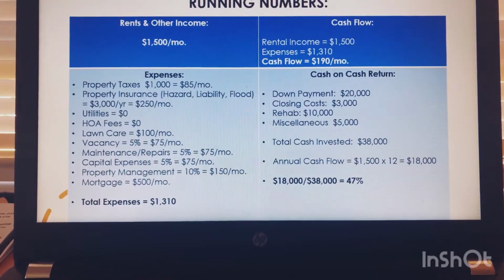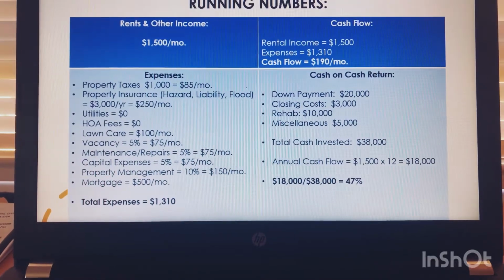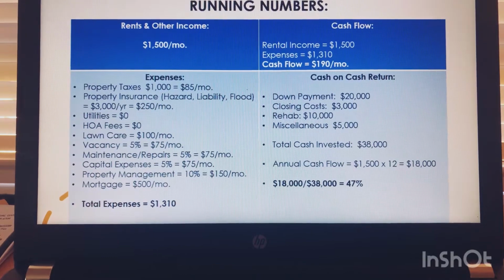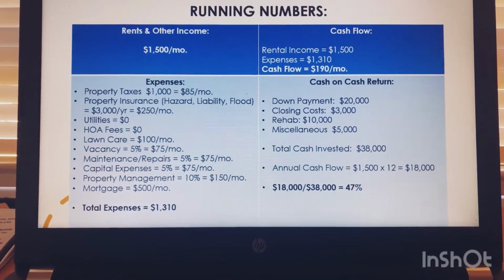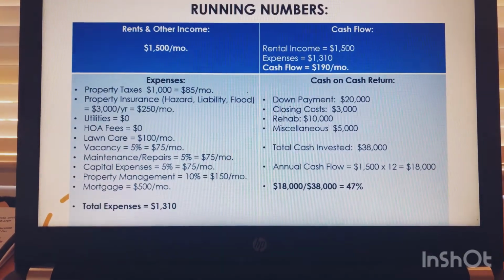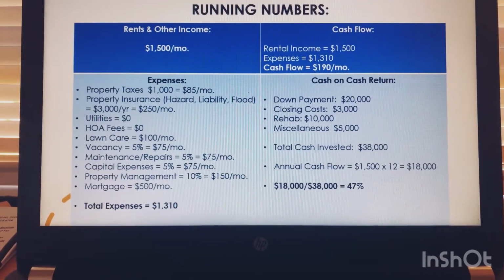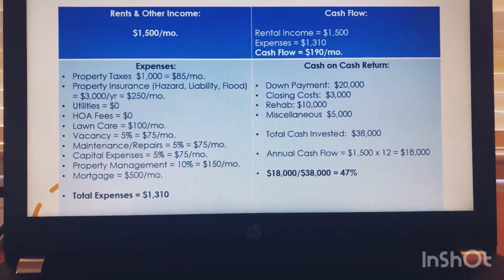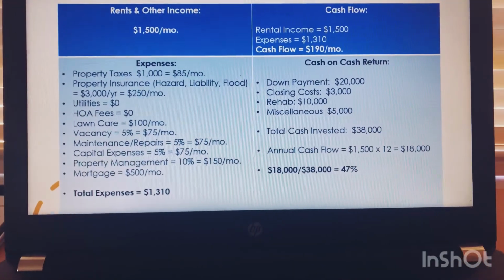If you're only seeing a 2% or 3% or 4% return on that, you're probably not going to invest in the stock market. But if you're seeing, I don't know, 8%, 10%, 12%, you're probably going to realize, man, this is a pretty good investment. I'm going to keep investing in the stock market. So it's the same thing with a rental property. You want to know what your cash on cash return is going to be. What is your return on investment?